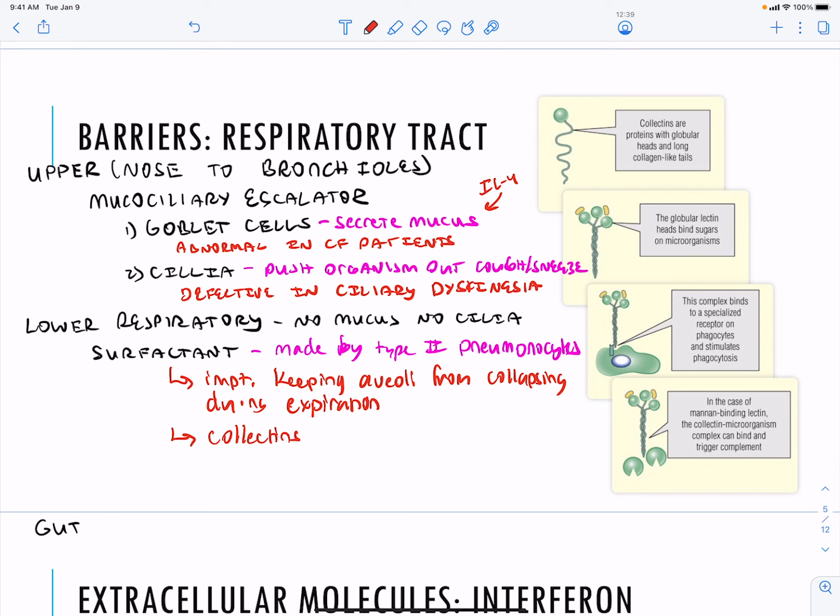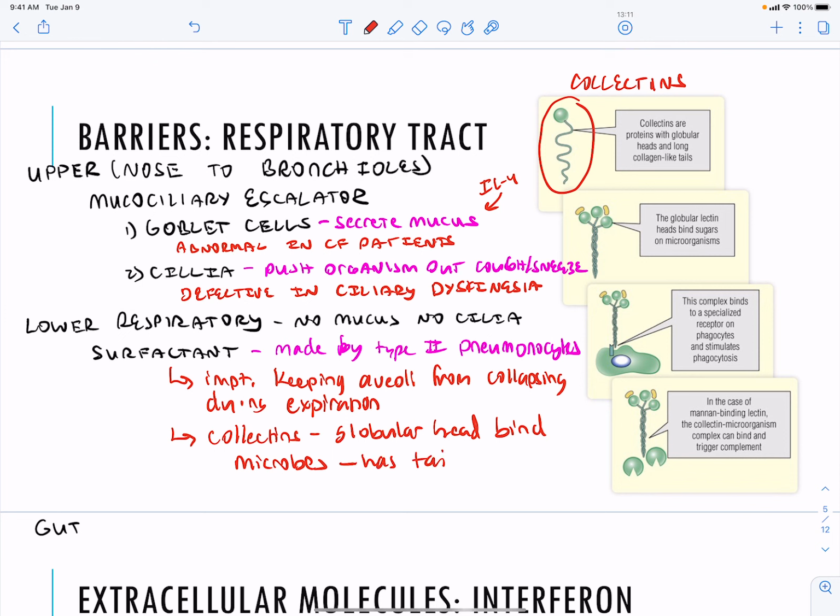So some of the proteins in surfactant are collectins, and collectins are going to have the picture shown over here. Collectins have a globular head, and this is going to bind to sugars on microbes. And it has a tail, and the tail is going to bind to some receptor on a phagocytic cell.